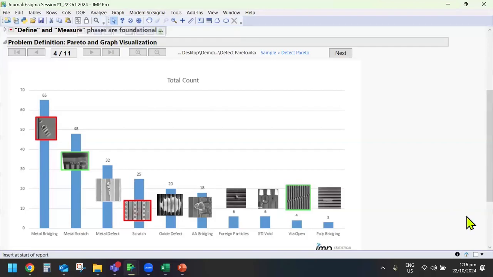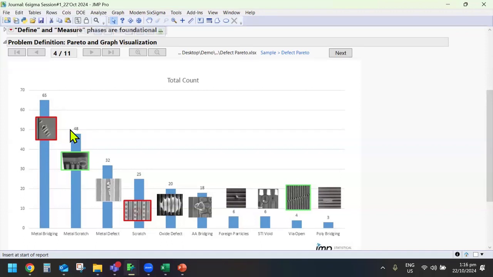Some of you may already know, okay, metal scratch, actually this is not the metal scratch picture. I exchanged it with the metal bridging picture because I am a new engineer. What's going to happen to me? I make a big mistake in front of the manager, in front of my seniors.